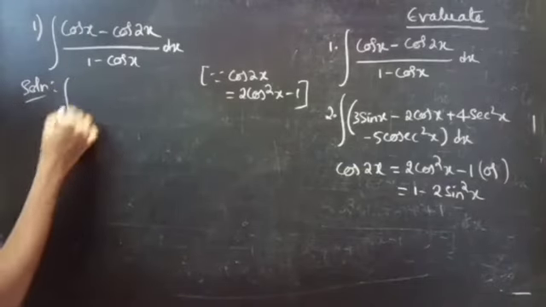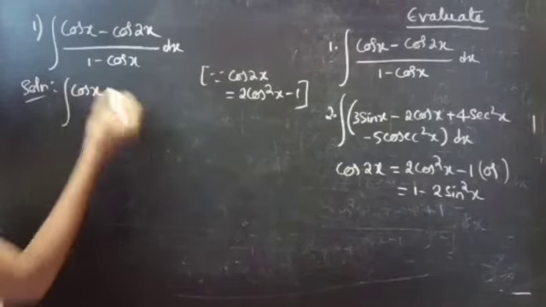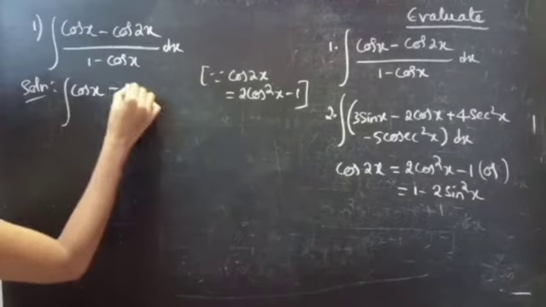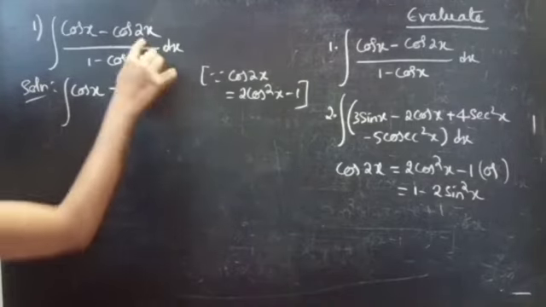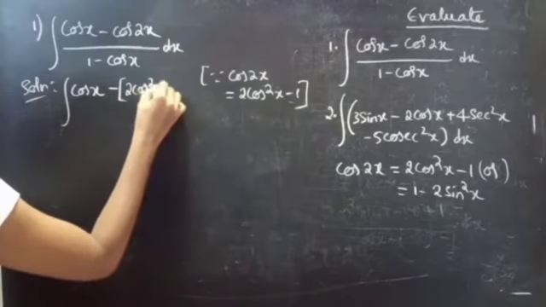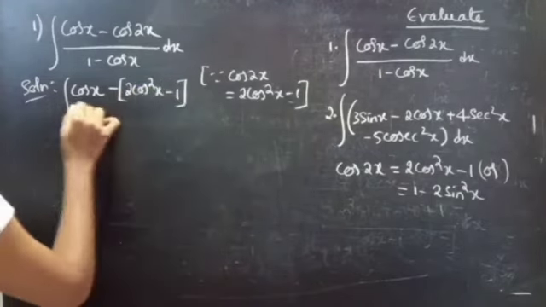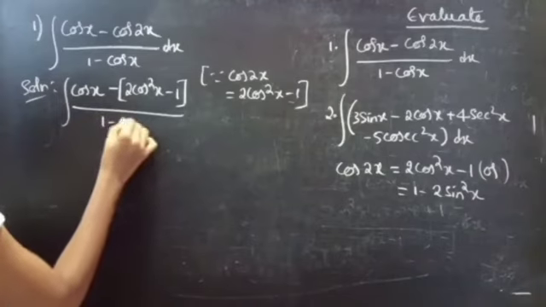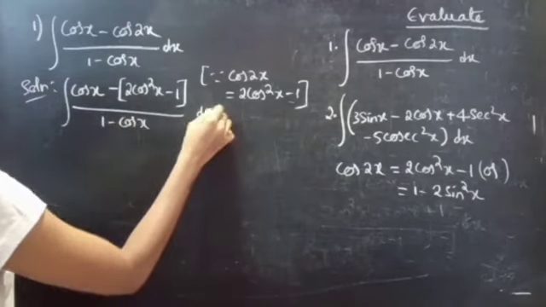So this equals integral of cos x minus, you can replace cos 2x by 2 cos square x minus 1, by 1 minus cos x into dx.